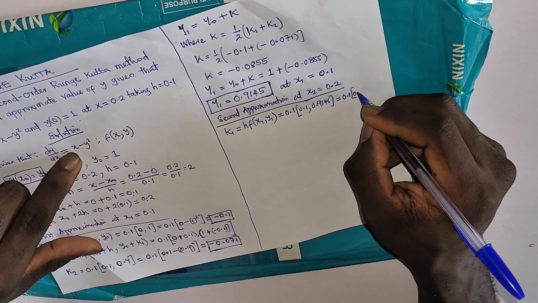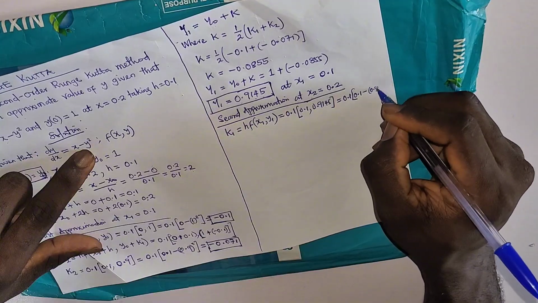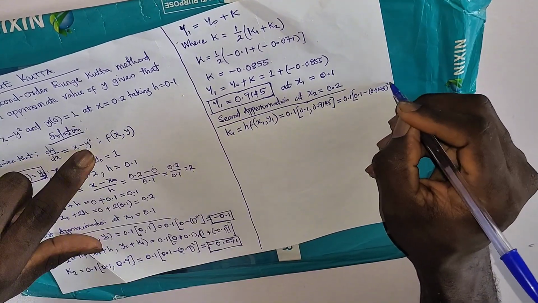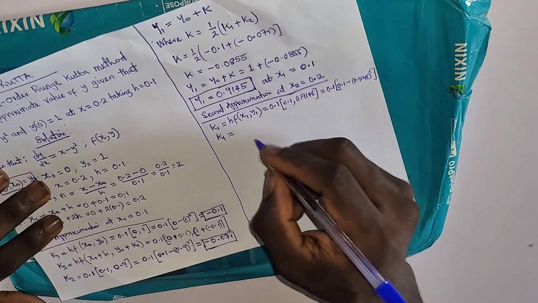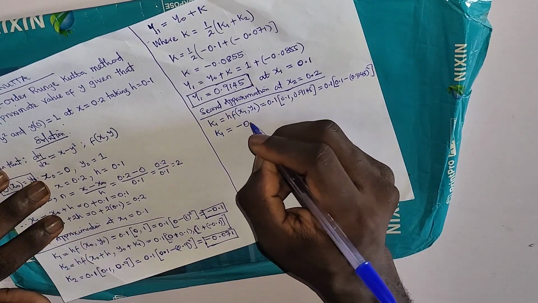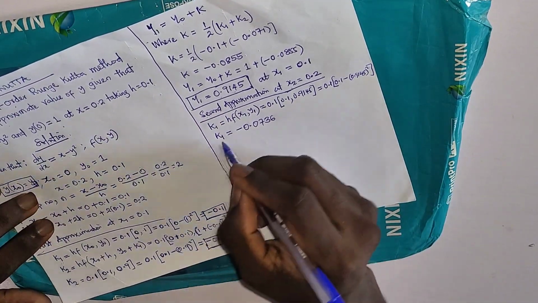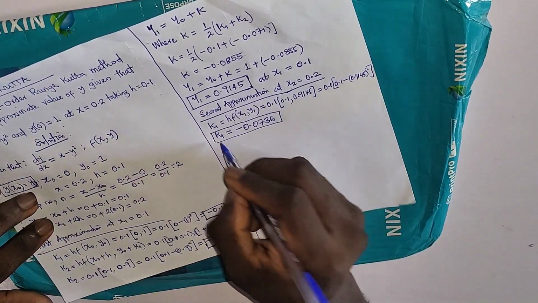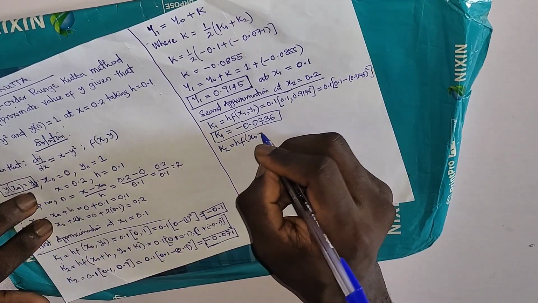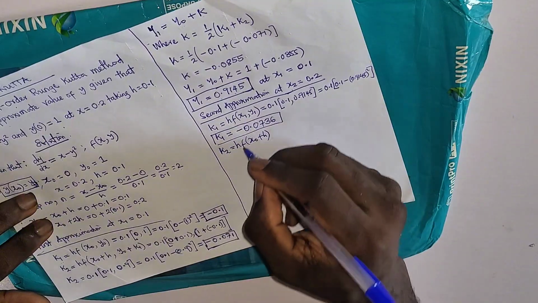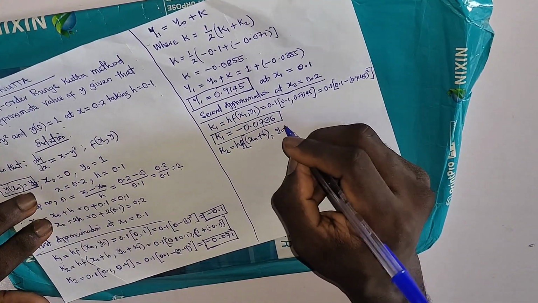x, which is 0.1, minus y squared, which is 0.9145 squared. So our k1, after you use your calculator, will equal negative 0.0736. So that is K1. Then your K2 formula still remains hf(x naught plus h, y naught plus K1).